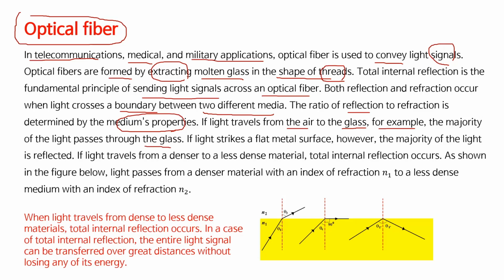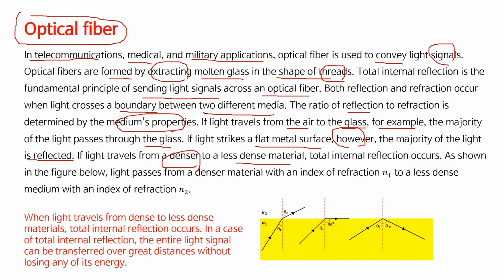If light strikes a flat metal surface, however, the majority of the light is reflected. If light travels from a dense to a less dense material, total internal reflection occurs.